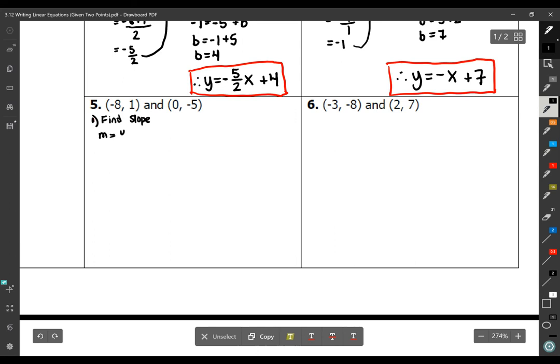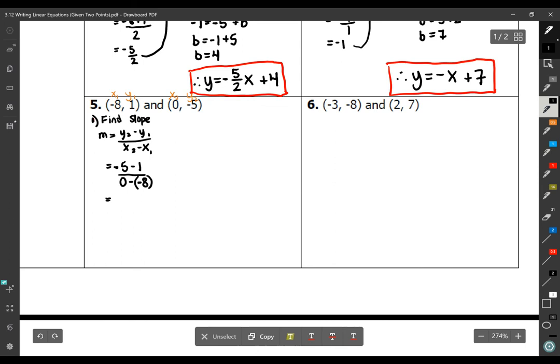M is equal to y2 minus y1 over x2 minus x1. Now let's substitute in the values. So y2 is negative 5, y1 is 1, x2 is 0, and x1 is negative 8.